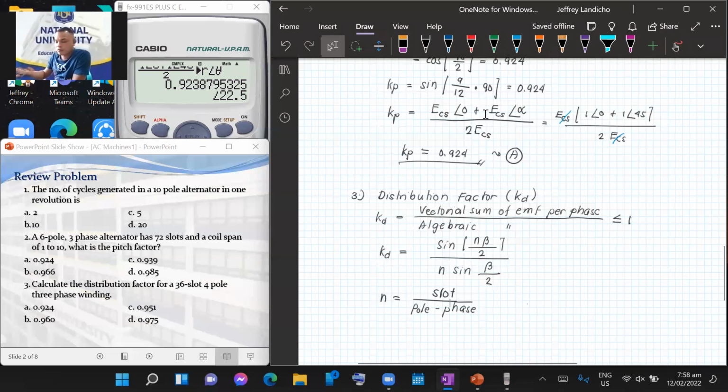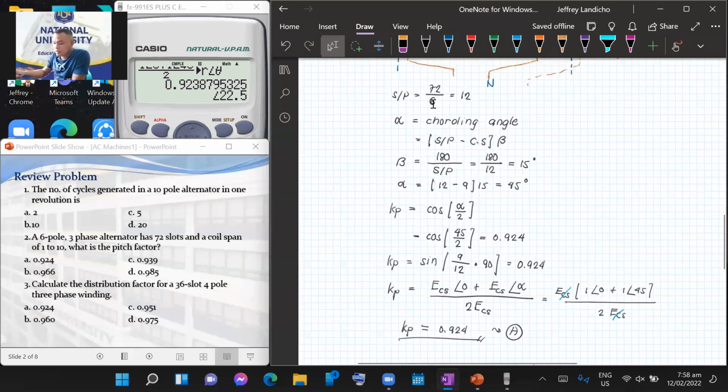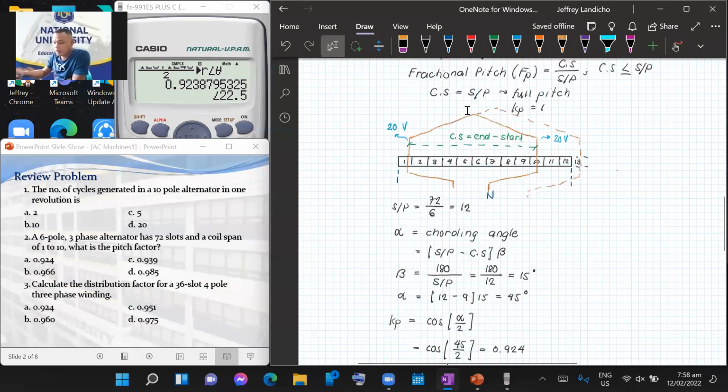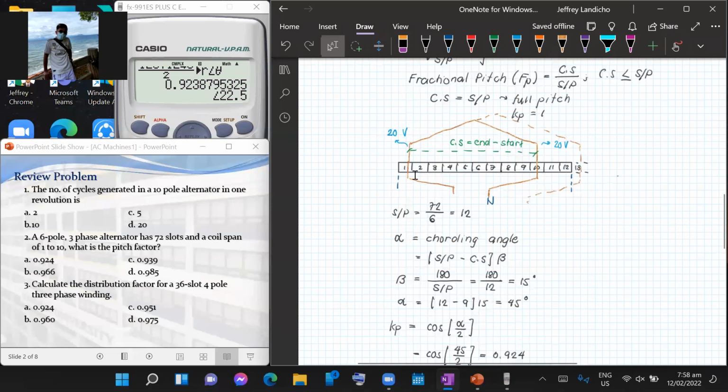So, dito sa ating problem number 2, so kung babalikan natin yung ating slots per pole, 12, at meron tayong 3 phase. So, ibig sabihin doon, yung first 4 slots, allotted yun para kay phase A. Yung 8, this is allotted slots for coil B. Then yung 9, 10, 11, 12, that is these slots allotted for what?